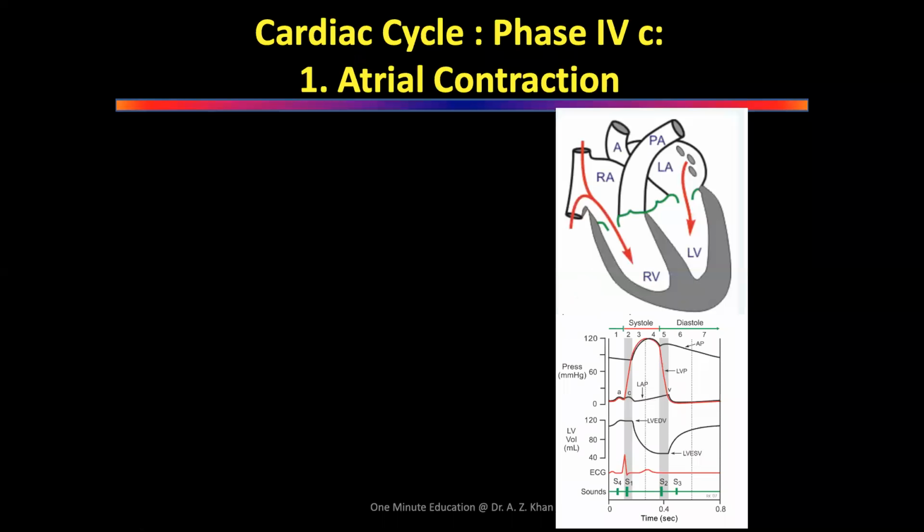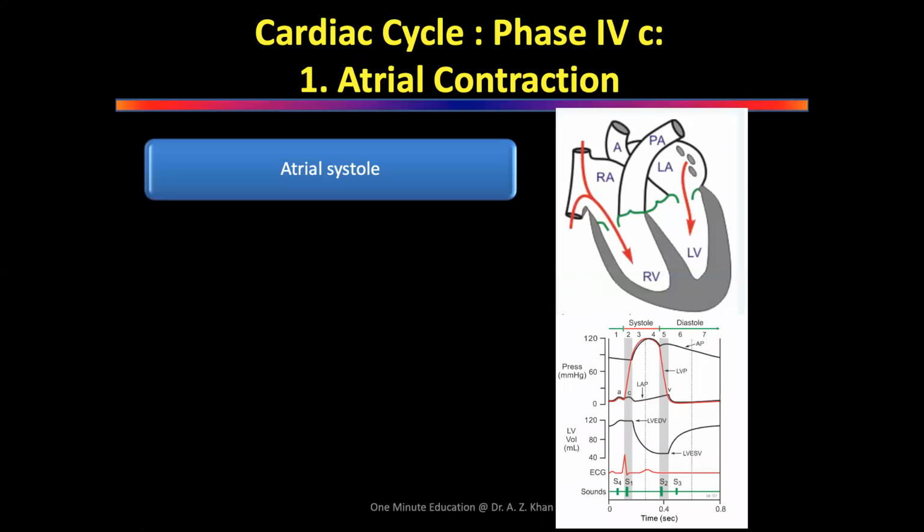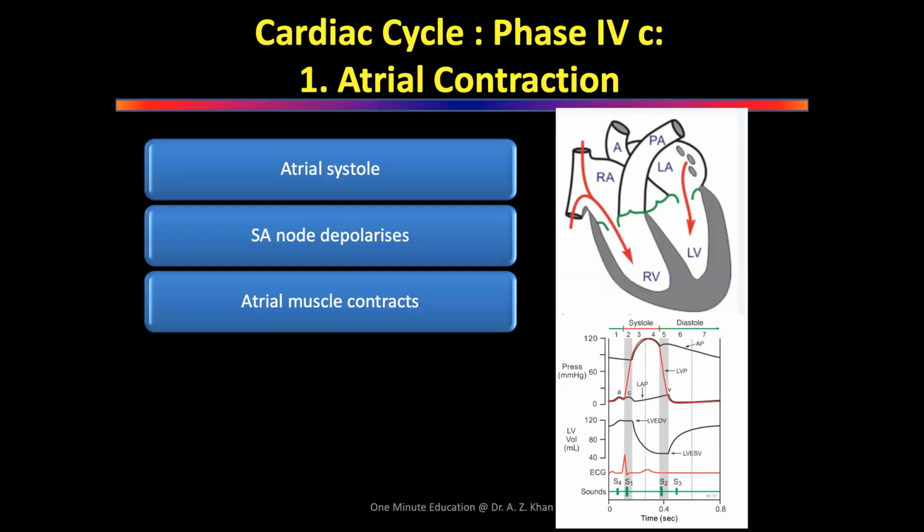So now explain to me, here is atrial contraction. What's happening here? How does atrial contraction initiate? Anybody? Soumya, take it. Of stimulus from the SA node and travels. SA node depolarizes. What happens to the blood flow?